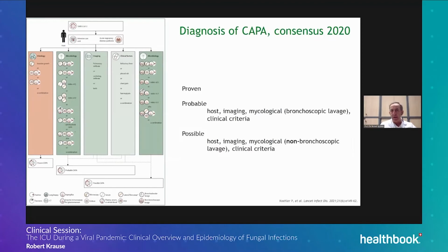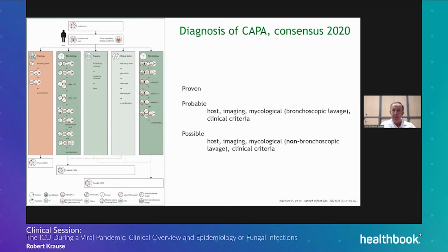We have also a diagnosis guideline for COVID-19 associated pulmonary aspergillosis, beside the influenza-associated pulmonary aspergillosis. This was also published recently in 2021 by Philipp Köhler and others. And we have 3 degrees of infection: the proven, probable, and possible infection, like in hematology patients.